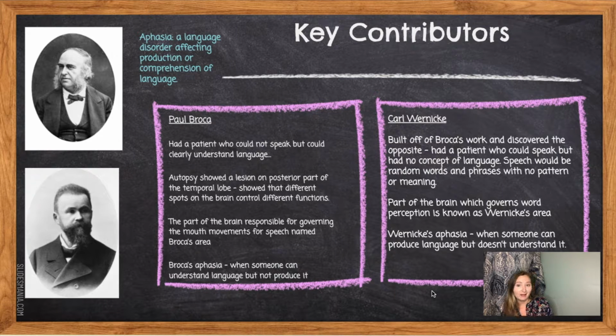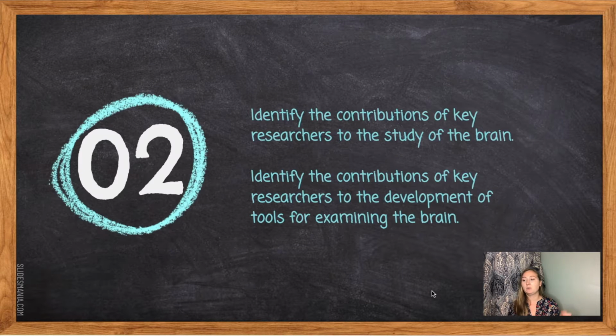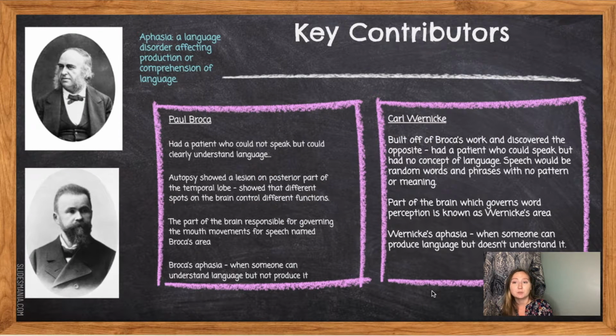So if you go back to your brain diagram, the temporal lobe is right here, over the ear, right? The posterior means the back part, so we're dealing with this part back here.